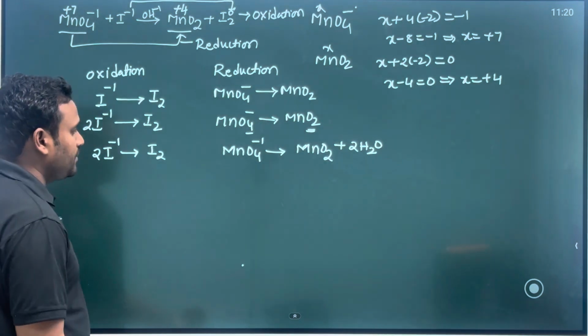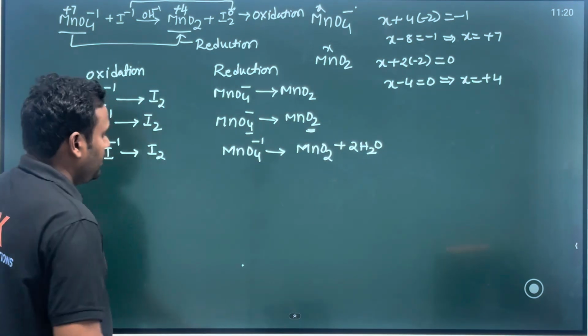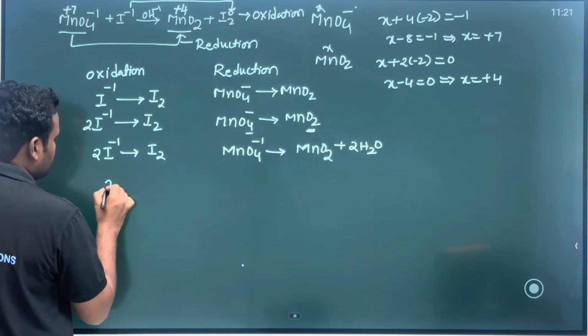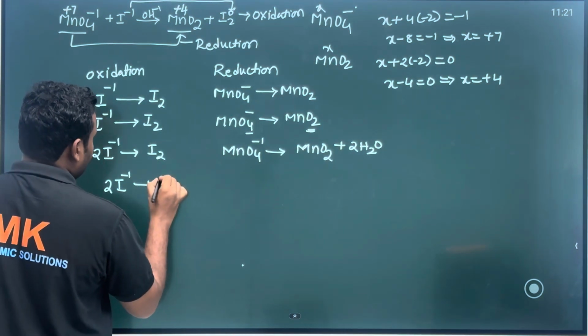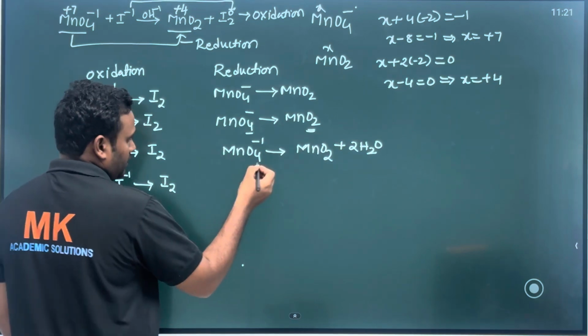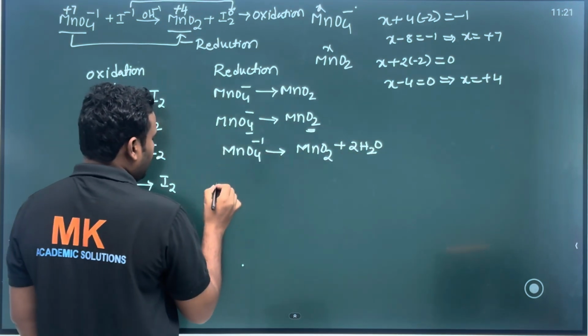Next step is balancing of hydrogens. Here no hydrogens are there, so write the same: 2 iodine minus gives rise to I2. Next, here 4 hydrogens are there, here no hydrogens are there.